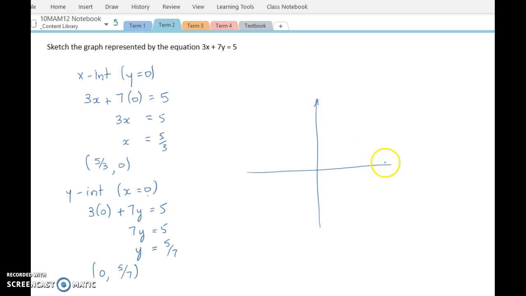Sketching up our axes, labeling, putting the points of reference, so 5/3, 0 will be our x-intercept, and our y-intercept is 5 on 7. And then joining the dots as best we can.